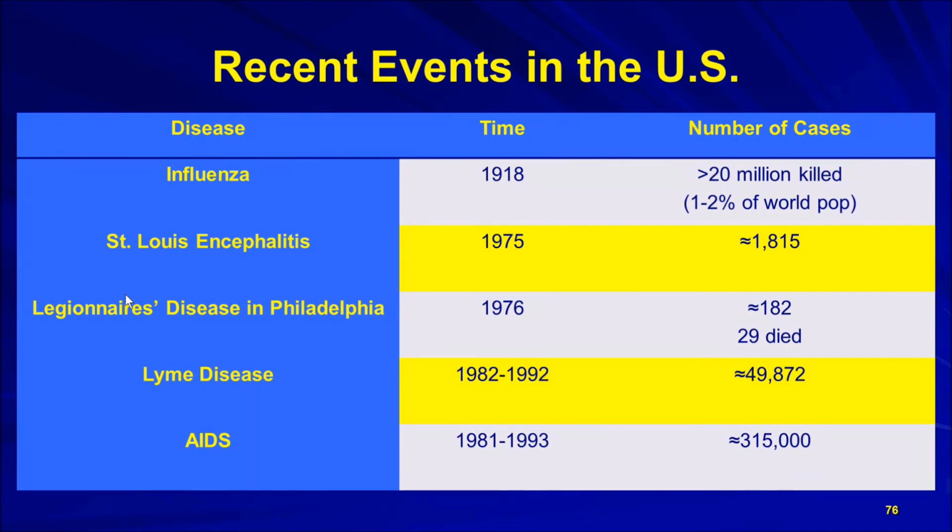World War II, we lost 200,000 people. In Vietnam, about 57 to 58,000. But at any rate, what's been more significant in terms of the loss of people have been infectious diseases.